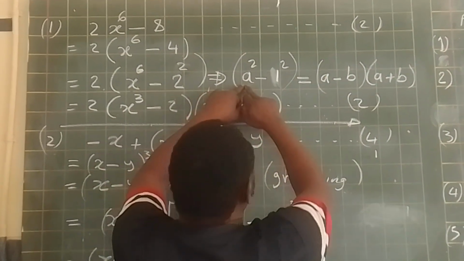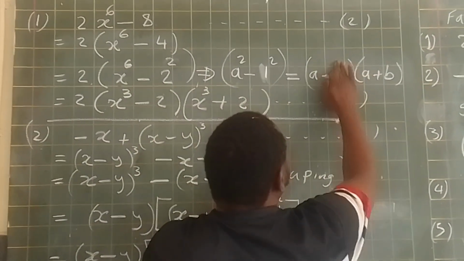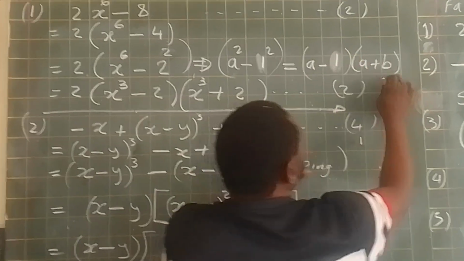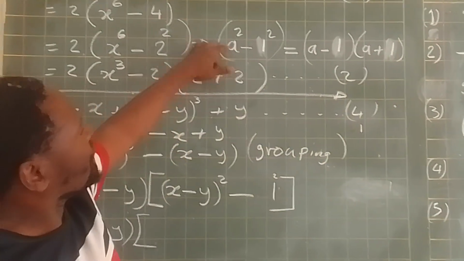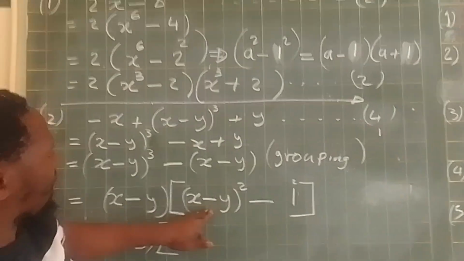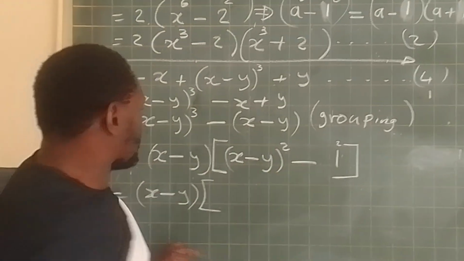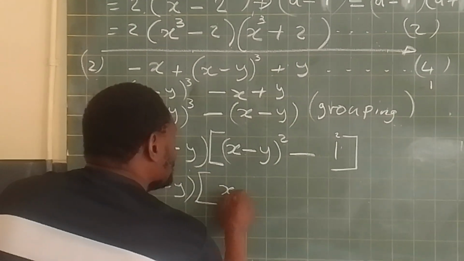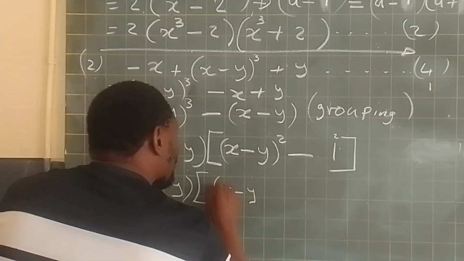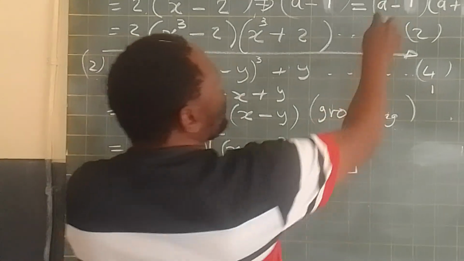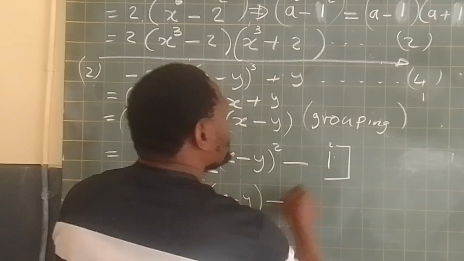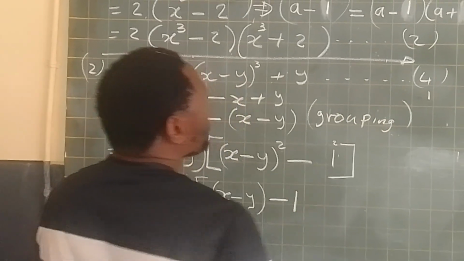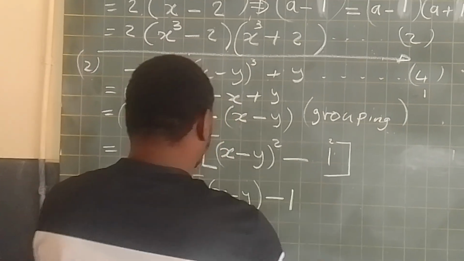So you grab your A minus 1, A plus 1. You see? Your A in this case is x minus y. So you say x minus y, minus 1.